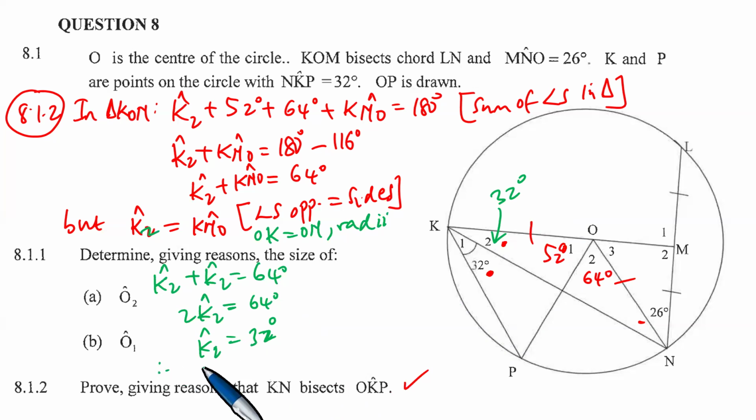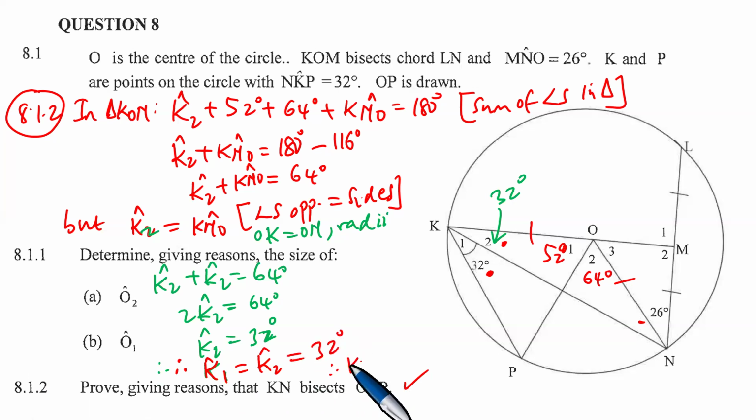Because K2 is 32, it then means that K1, so you can write a conclusion here. Therefore, angle K1 equals angle K2. Because angle K1 equals angle K2, they're both equal to 32 degrees.